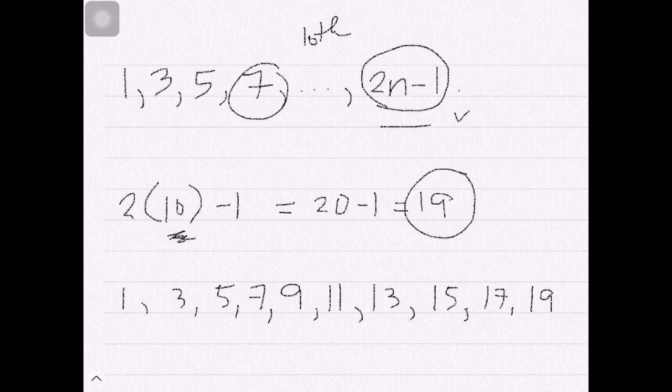Now let's check if it's the 10th term. 1, 2, 3, 4, 5, 6, 7, 8, 9, 10. Yeah. When you were in elementary, you were thinking that this could be magic or what, but this is actually arithmetic sequence. Now let's start the discussion on how come we have 2n minus 1 there.